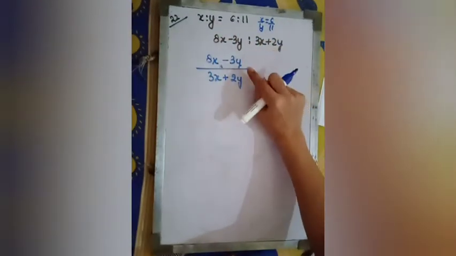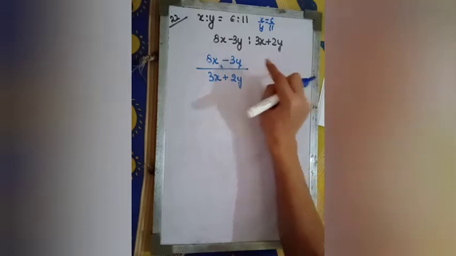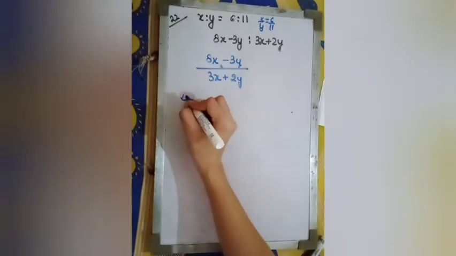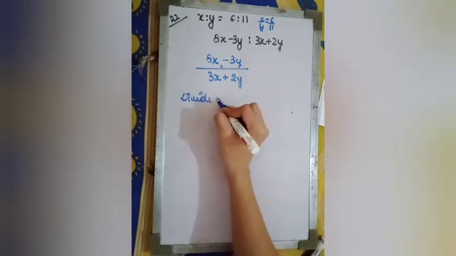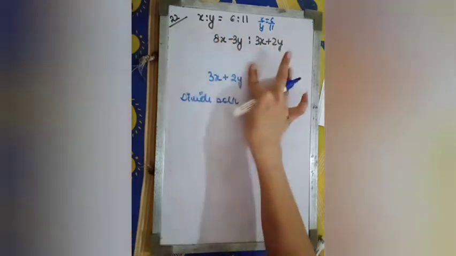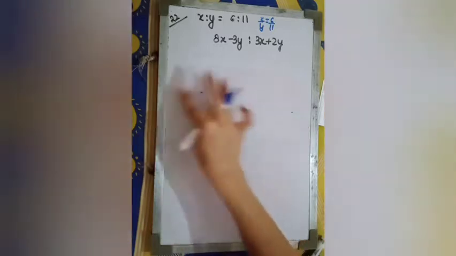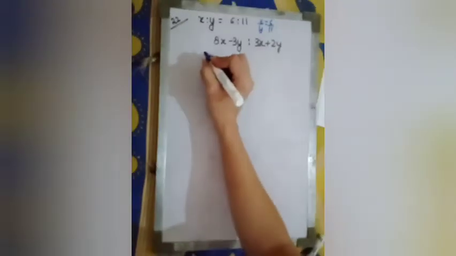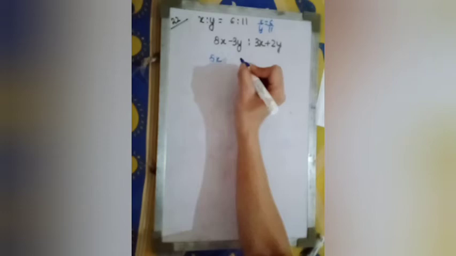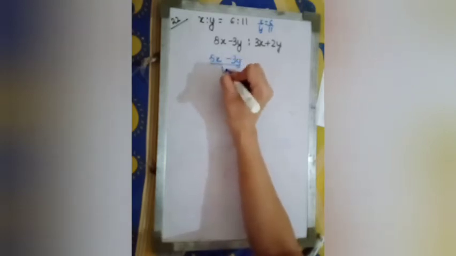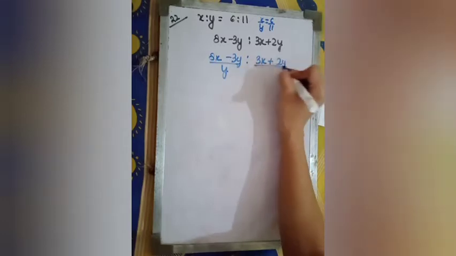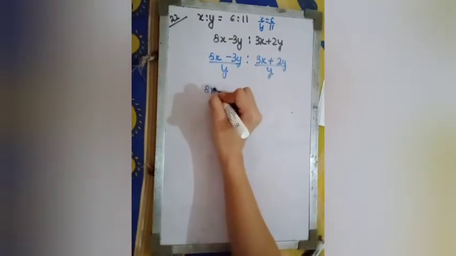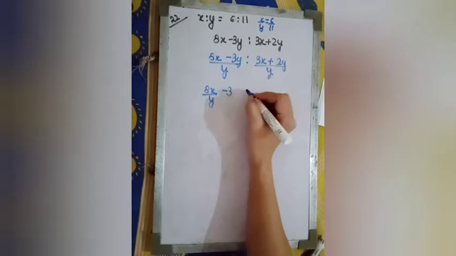Now this time the ratio of x and y is given, the ratio of these is not given, so we cannot do cross multiplication. First divide both terms by y. Write it like this. We will divide both terms by y. So 8x minus 3y we will divide by y, and here also we will divide by y. So this will be 8x/y minus 3.